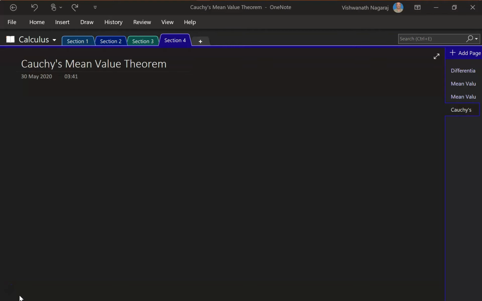Cauchy's mean value theorem. Let's look at the statement.